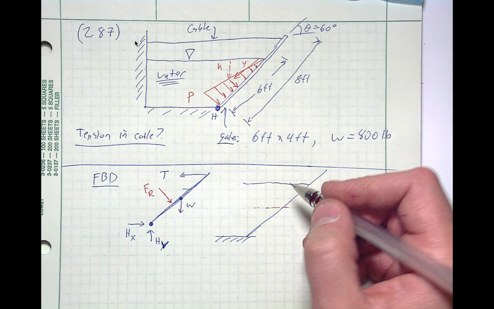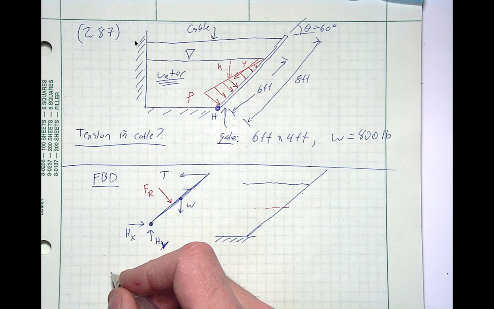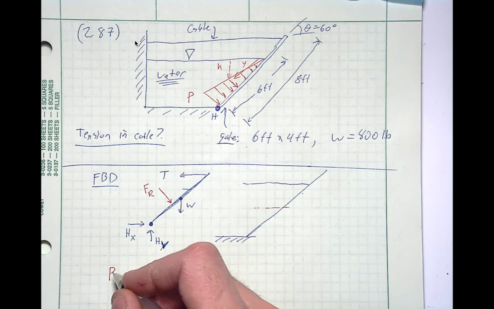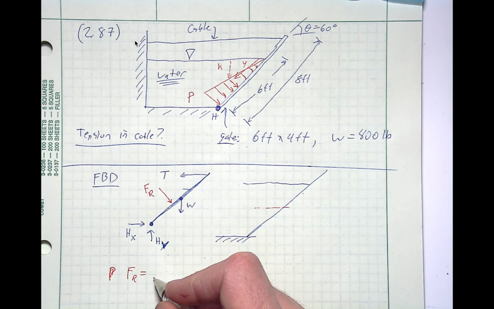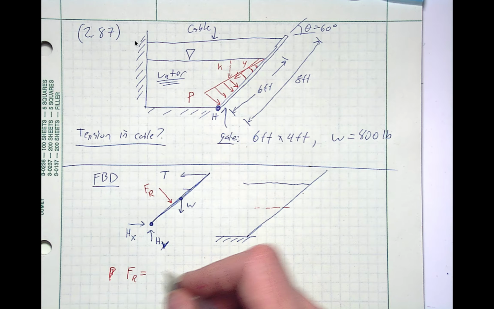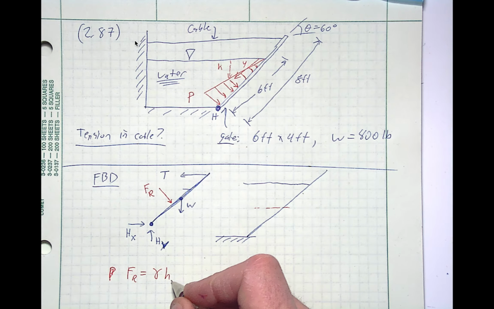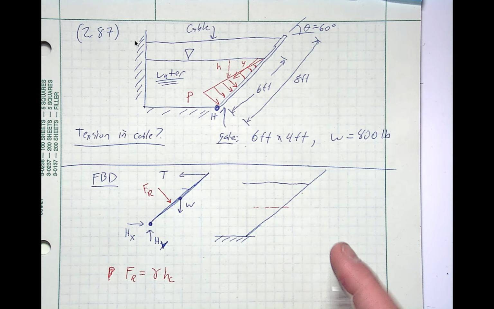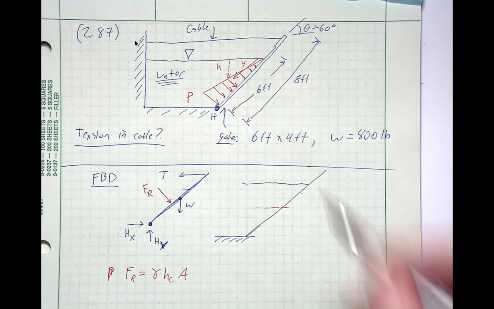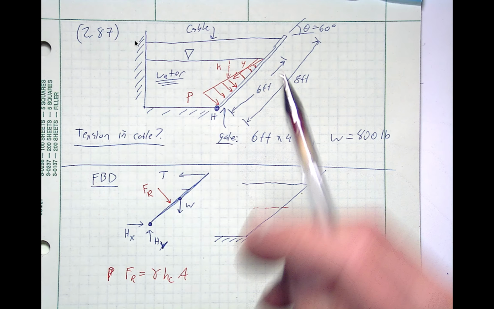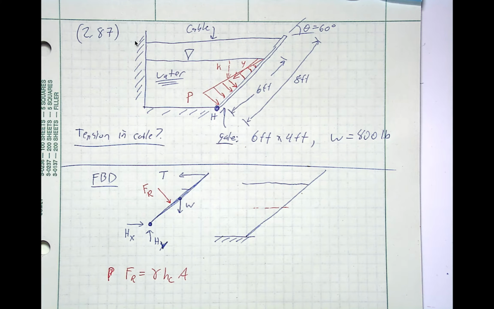But then we also have the resultant force, which we know from our equations is the pressure at that center point. So that's gamma, the H of the centroid, times the cross-sectional area of the gate. We can take this pressure prism and condense it down into the average pressure quantity, and then apply that average quantity over the entire gate.